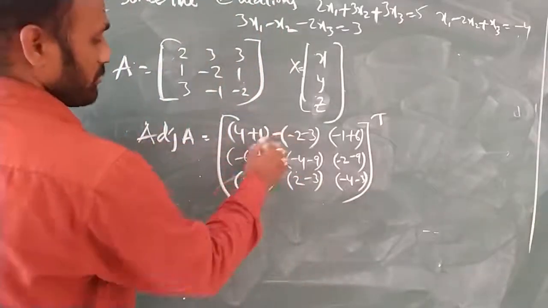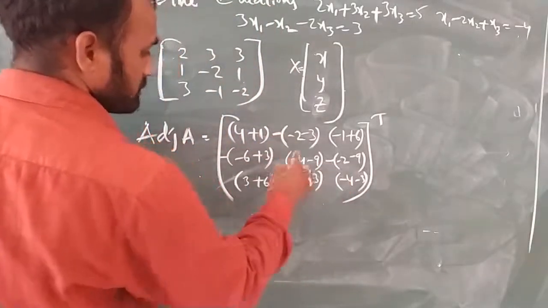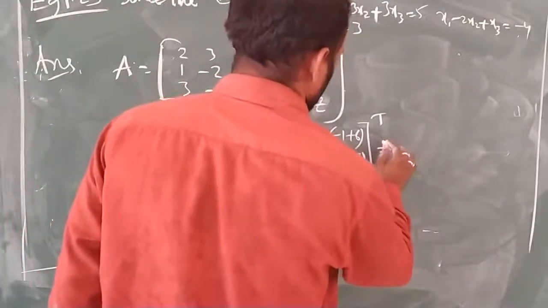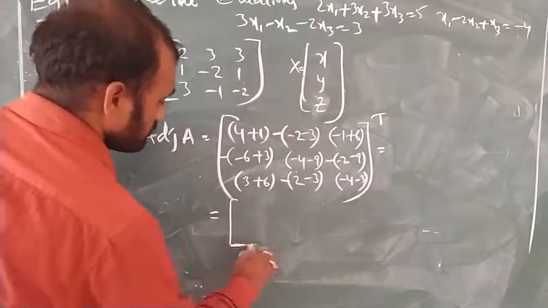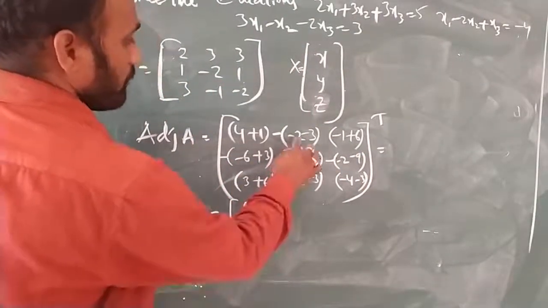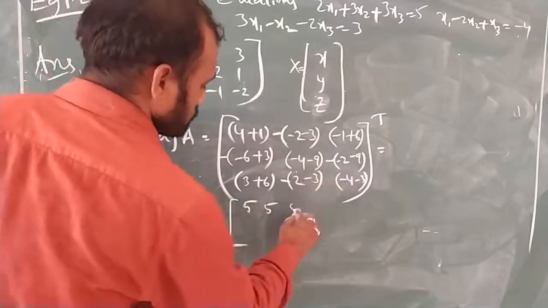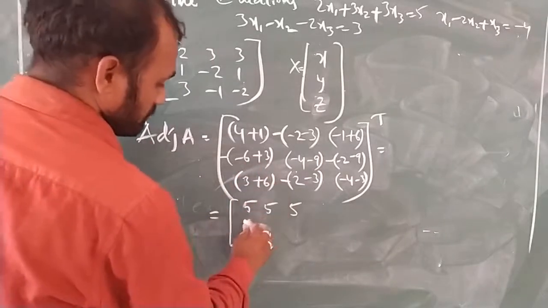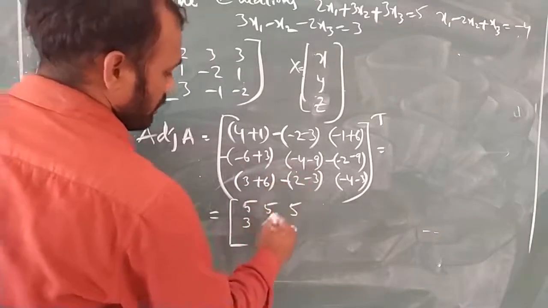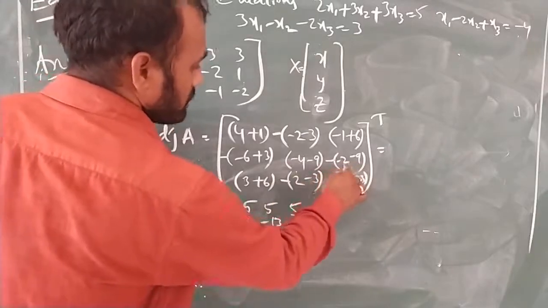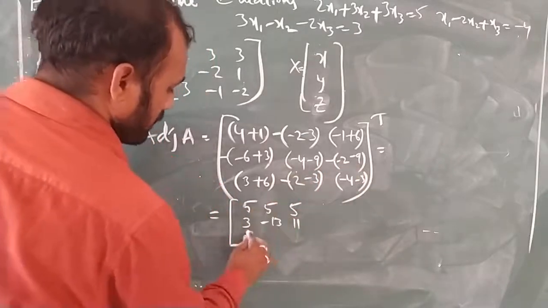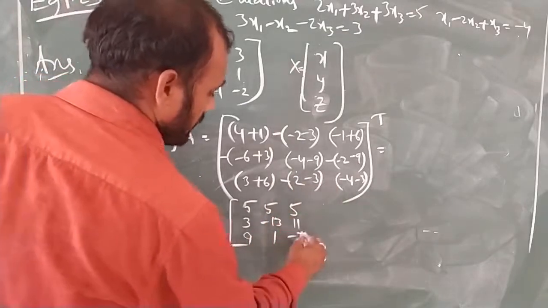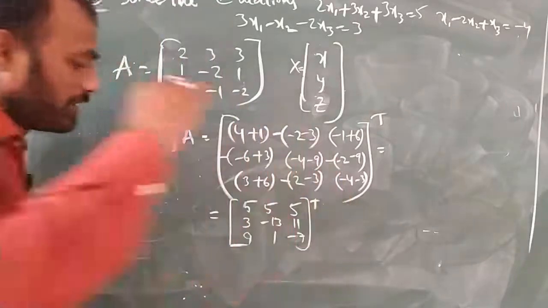So now change the symbols, here minus, here also minus, here minus. So for these it will be minus symbols. Let me write here first. So 4 plus 1 is 5, minus 5 becomes plus 5, and here also 5, here it is 9, so minus 6 it is plus 3, and minus 13, 11, here it is 9, and minus 1, 7. The whole transpose we have to do.